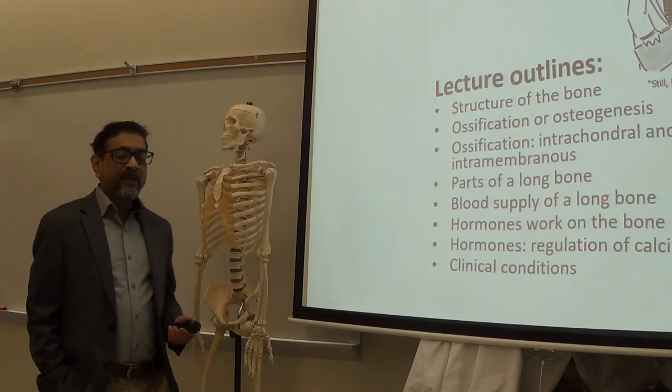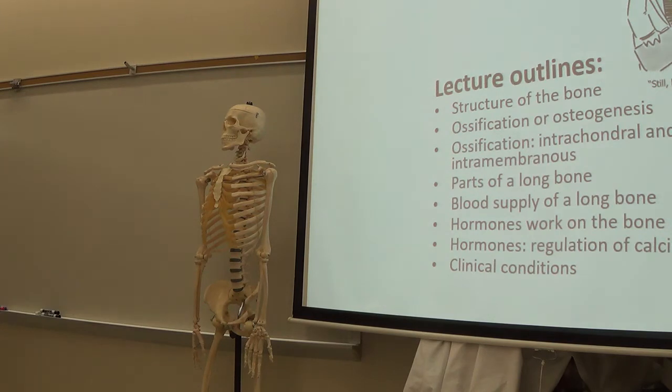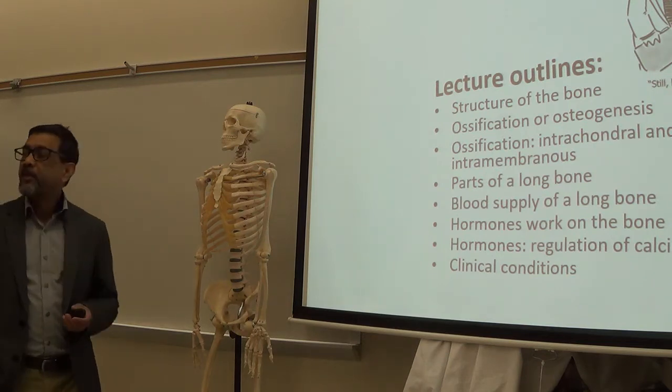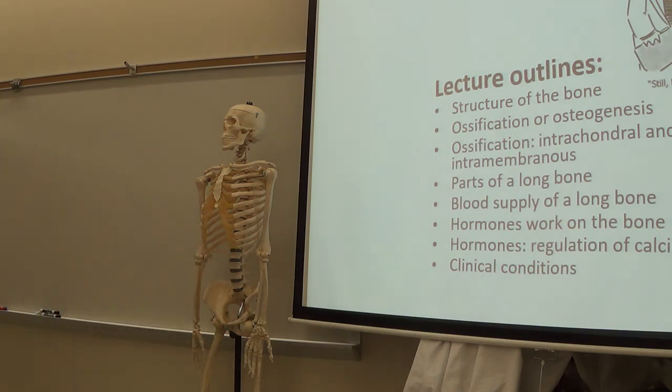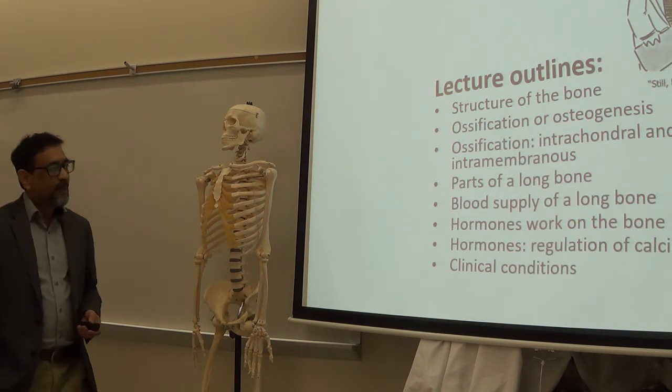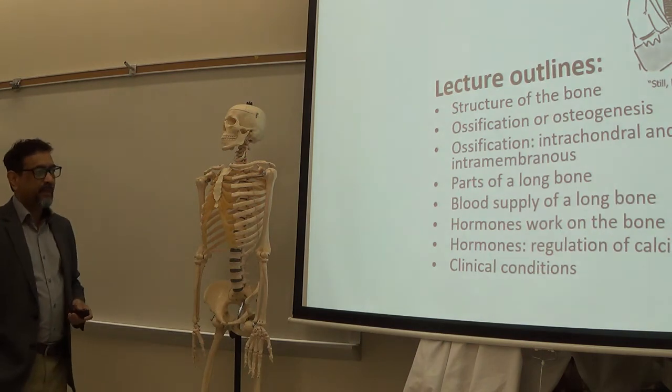There are two ways ossification occurs, or bone formation occurs. One is called endochondral ossification and another is called intramembranous ossification. So, in those two ways, the bones are formed in the body. We'll talk about both. Then we'll see the blood supply of a long bone.